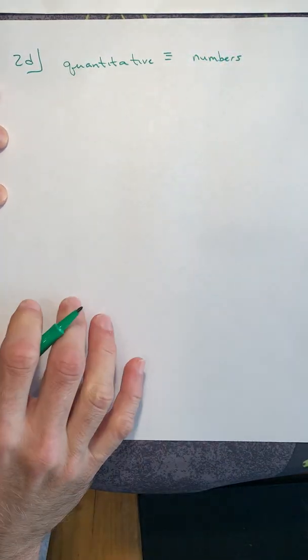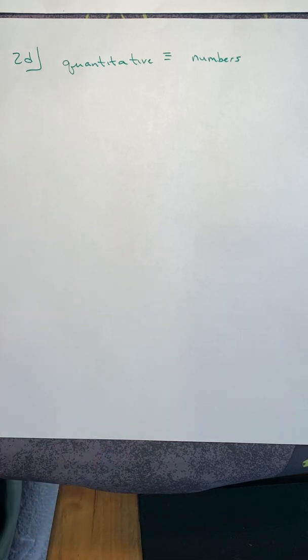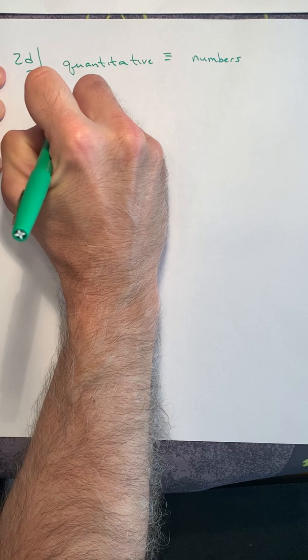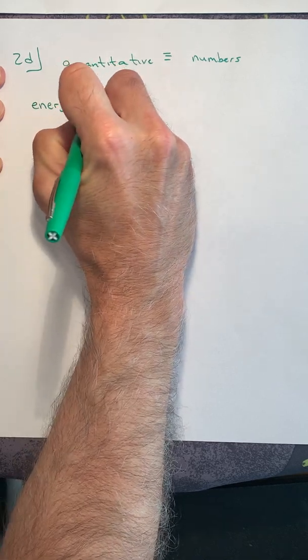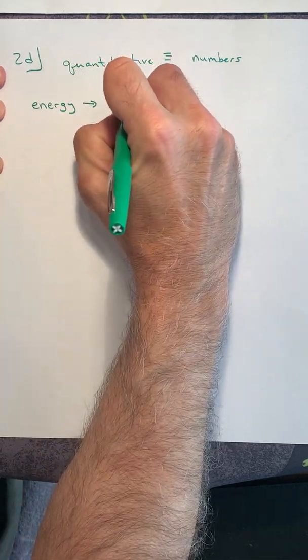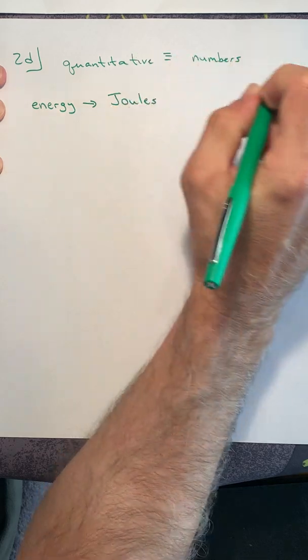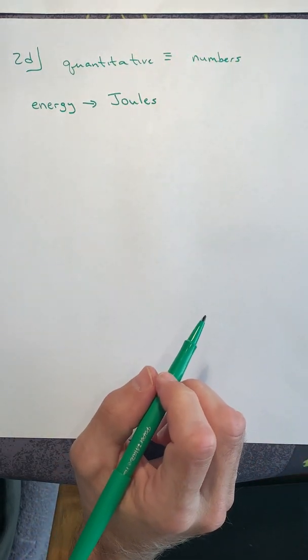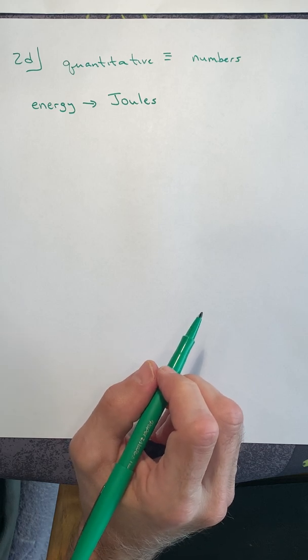Okay? Well, except for ratios, all numbers in science have units. Numbers without units are meaningless unless, of course, it's a ratio. So what are we talking about here? We're talking about energy. And the units for energy are joules. Chemists and physicists love to name their units after dead chemists and dead physicists.